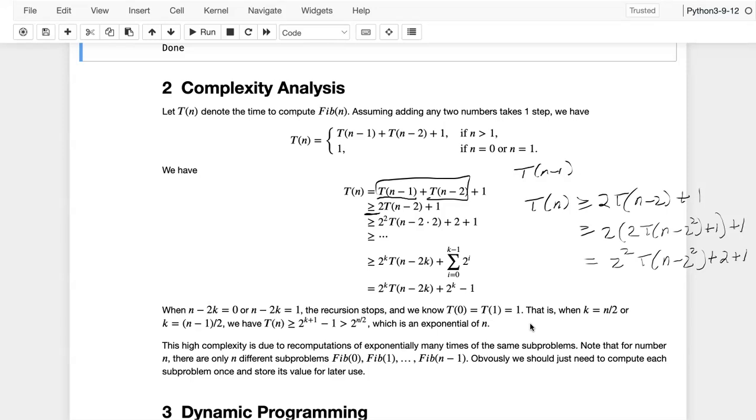So you do one more step, you get 2 squared times T of n minus, and this time you got 2 times, each time you have this 2, so maybe it's better to write it as 2 times 2.